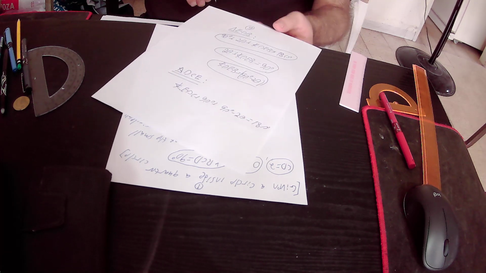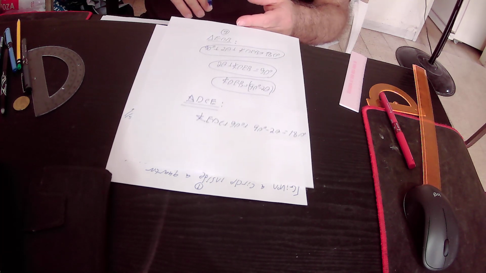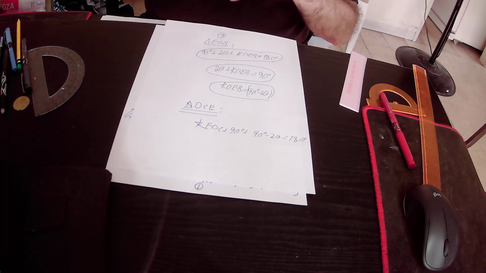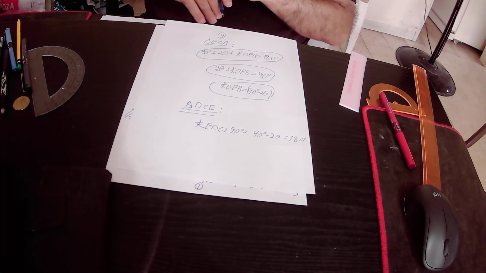Again, in the right triangle DCE, the sum of the angles is equal to 180 degrees.